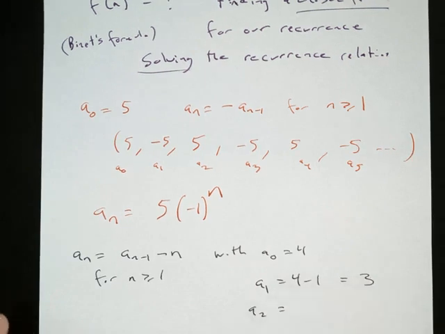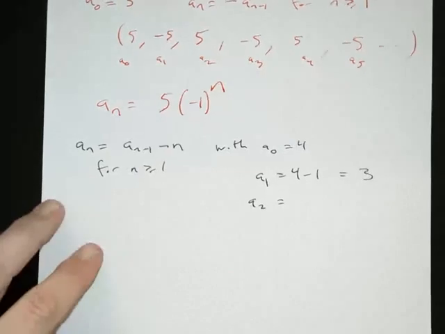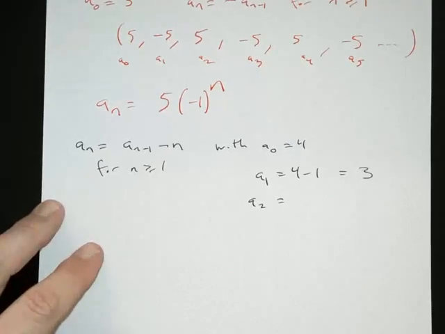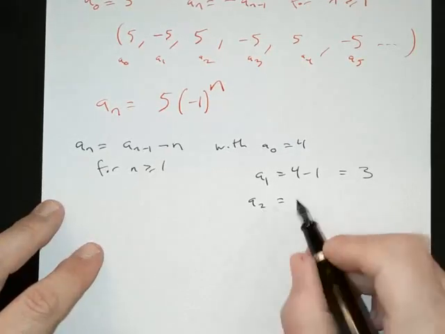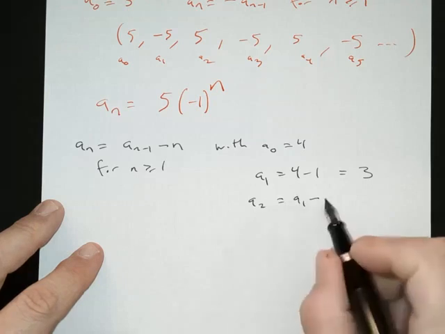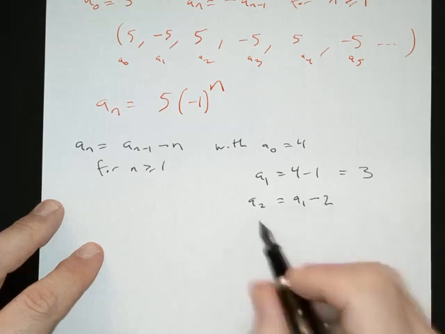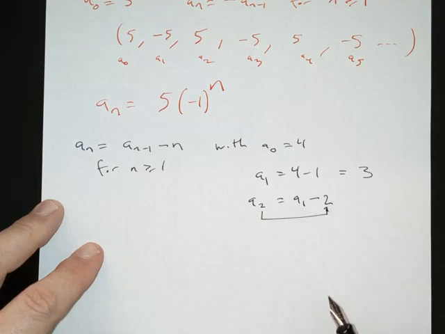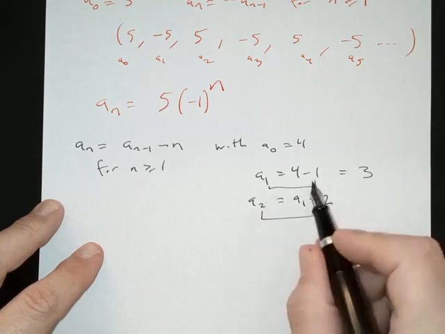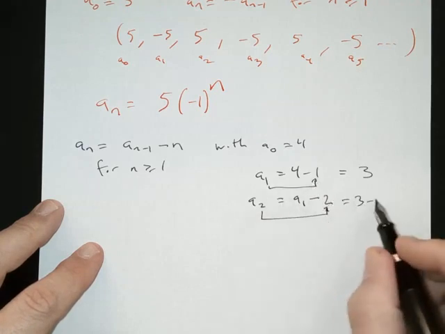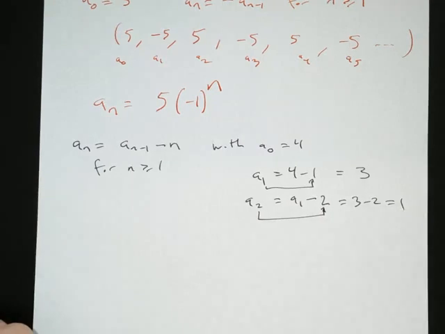What about A2? It's A1 minus 2, because it's the n that goes there. So that would be 3 minus 2, that's a 1.